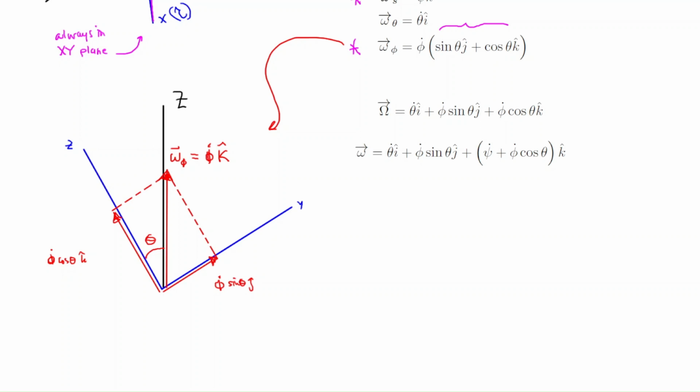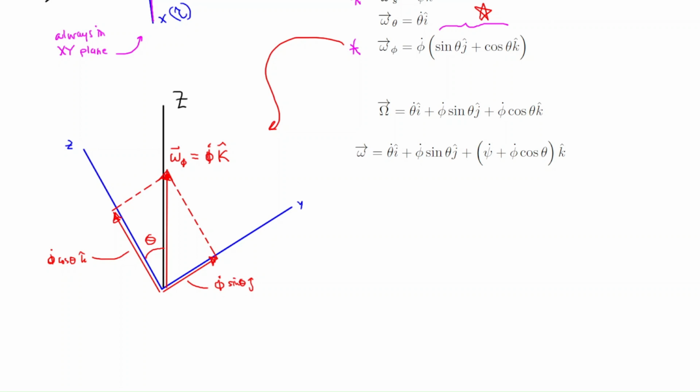When we create a right triangle to figure the vector components, the component that points parallel to the little z-axis is phi dot cosine theta, attached to the k hat vector, and then this y component is phi dot sine theta. That's how we can figure out what omega sub phi is.